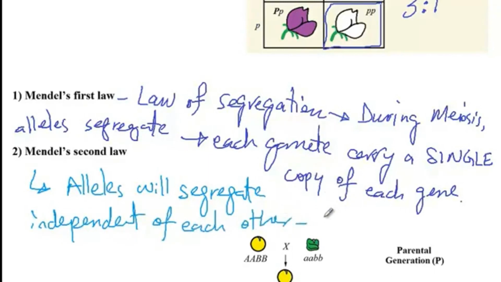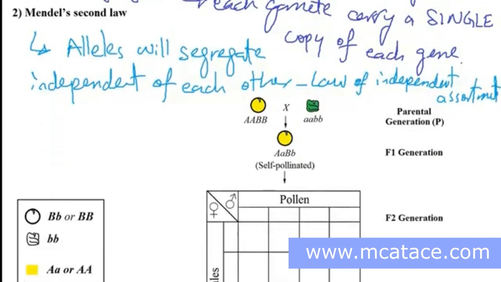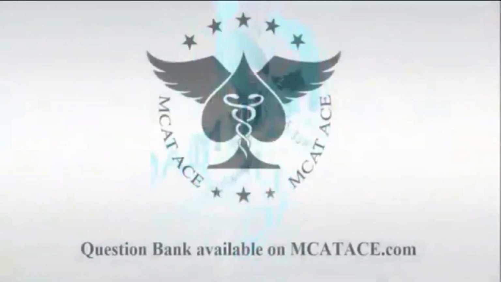And this law is referred to as the law of independent assortment. Okay, and so let me here give you an example of the law of independent assortment.